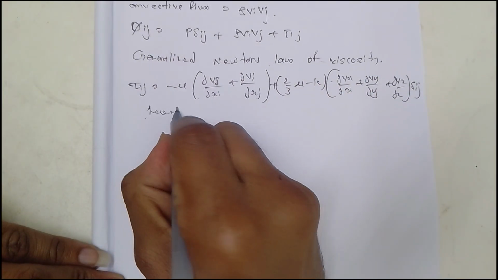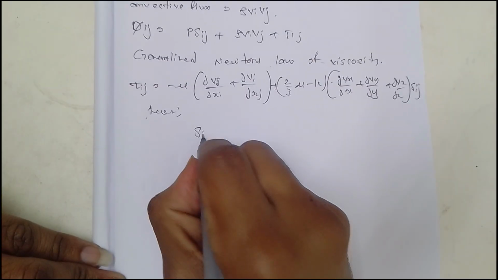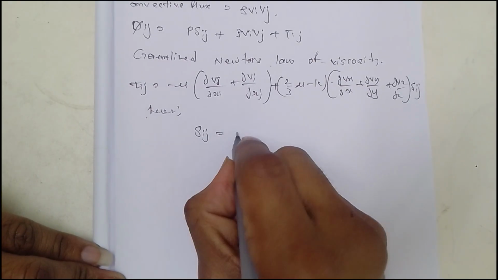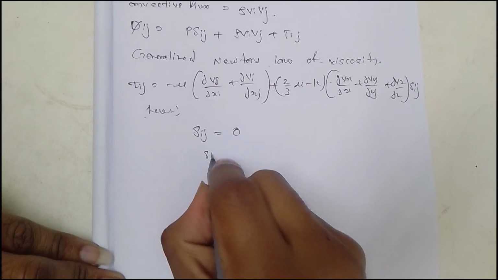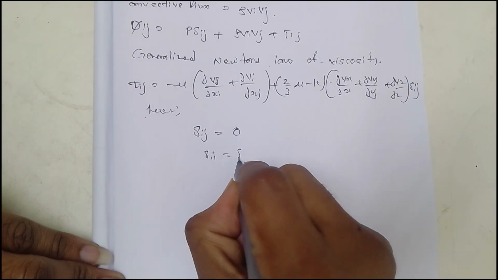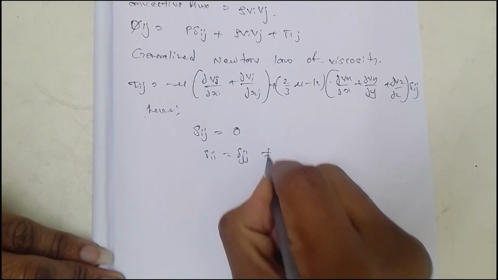Here we know delta ij is equal to 0 for i not equal to j, and delta ii is equal to delta jj, not equal to 0.